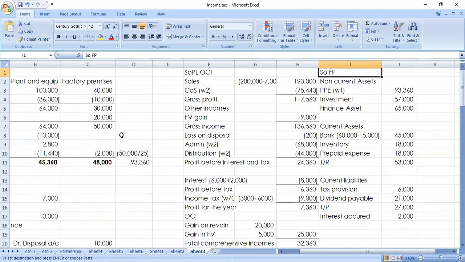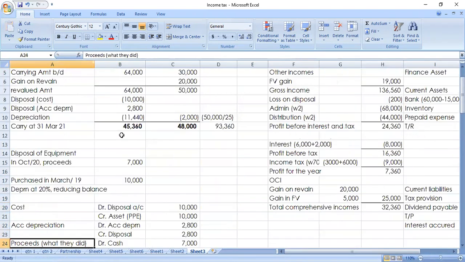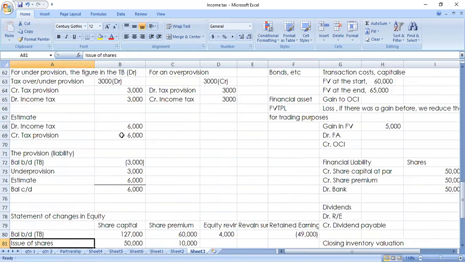So this is my balance sheet. Add liabilities here. Let's carry them this side. Okay. Let's come back and copy this.